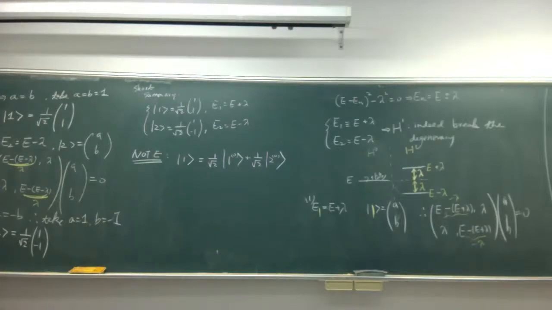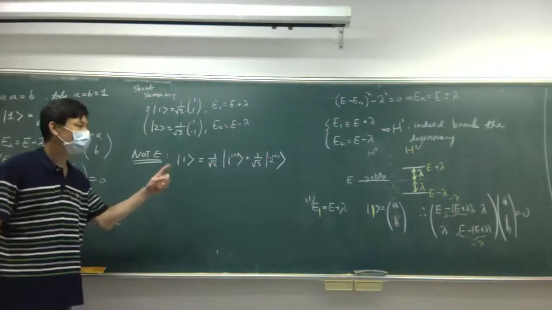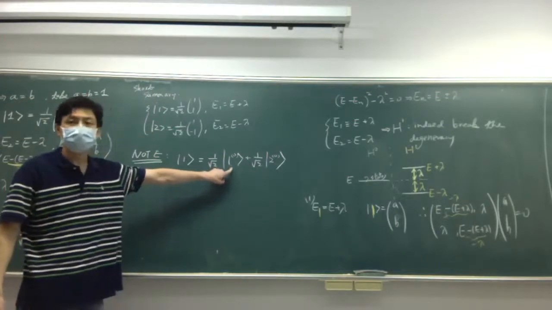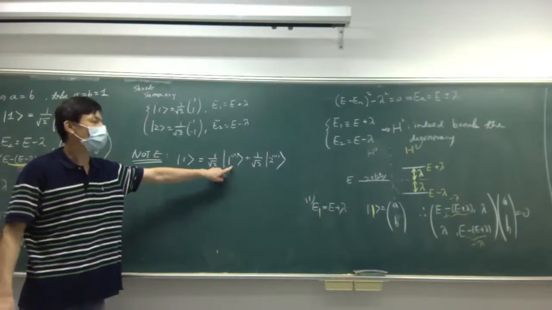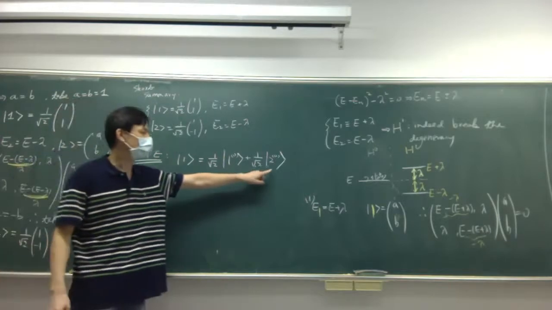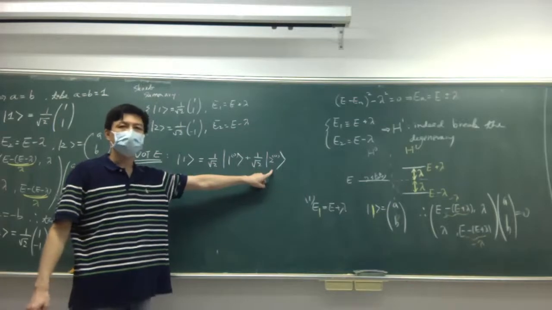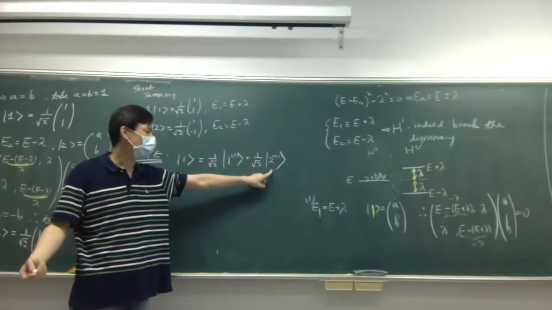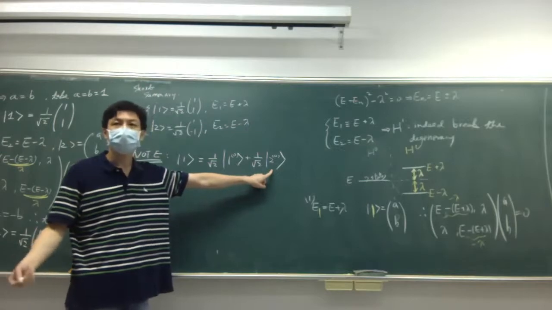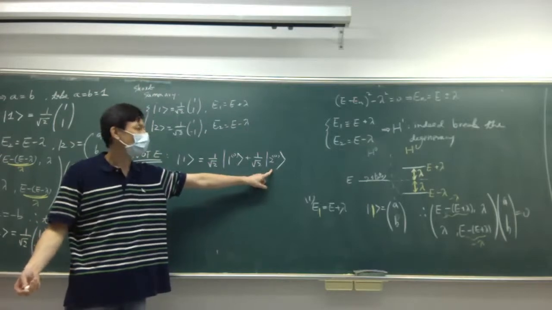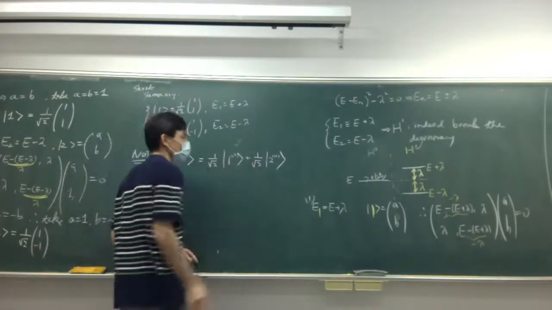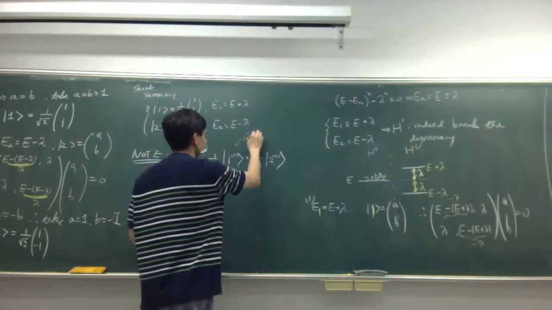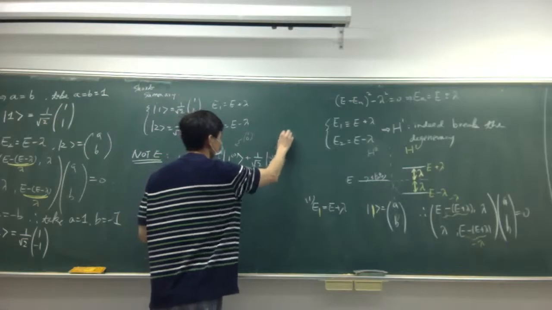Because at the beginning, we know that this is the state without the perturbation with the energy E, and this is another state that has the same energy E, without the perturbation. If you forget, I just remind you this I call it (1, 0), this is I call (0, 1).